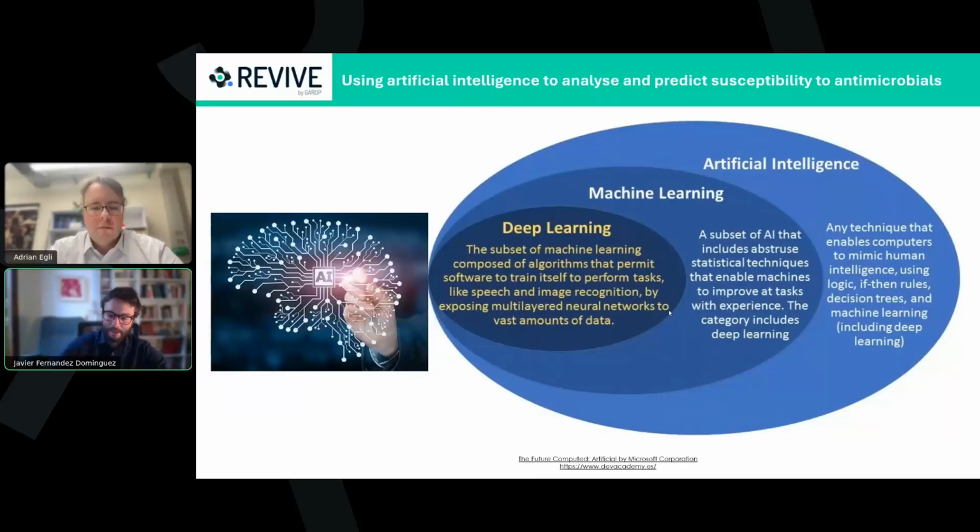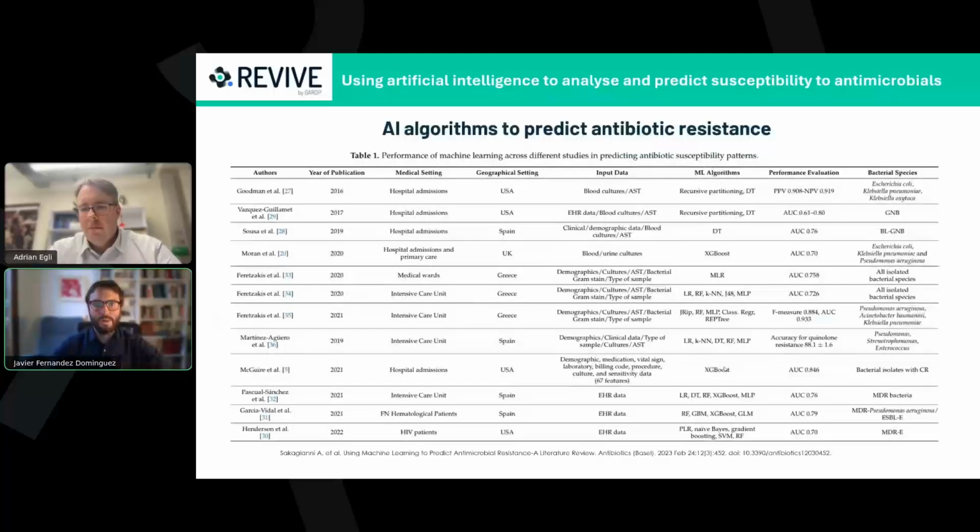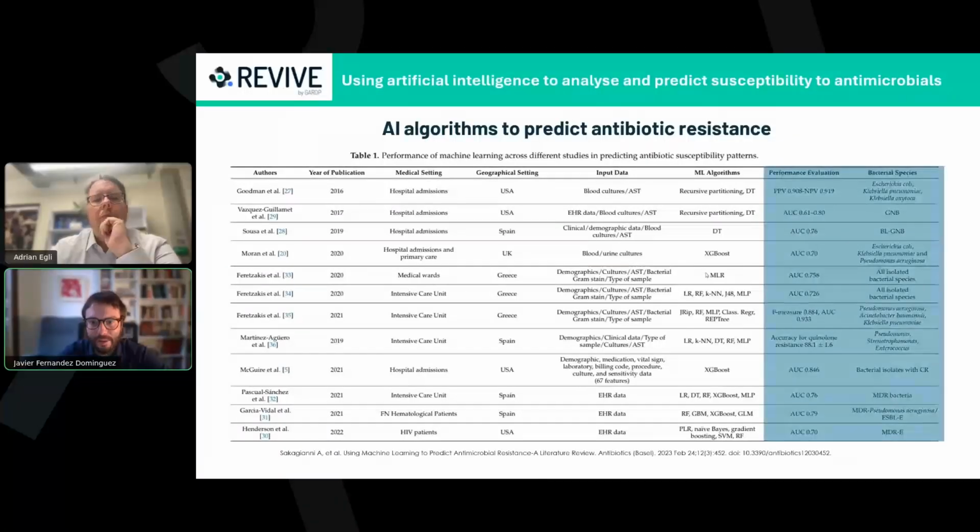In the last years there have been a lot of research groups working on predicting antibiotic resistance using machine learning techniques. In the next slide, we have an example, a review from two years ago, in which they analyze the research work that has applied different machine learning techniques to predict antibiotic resistance.